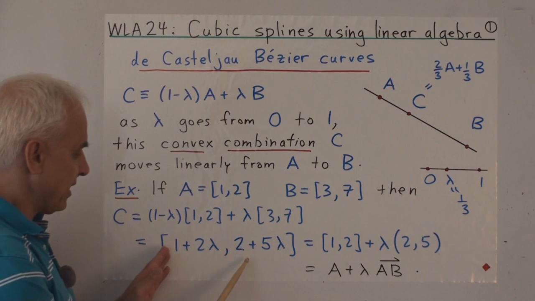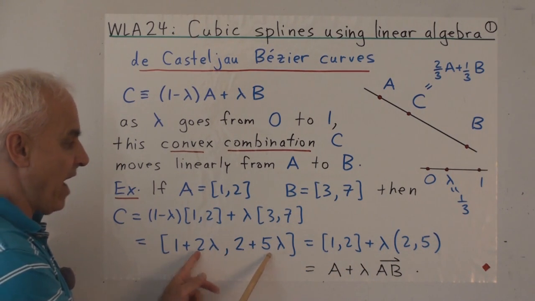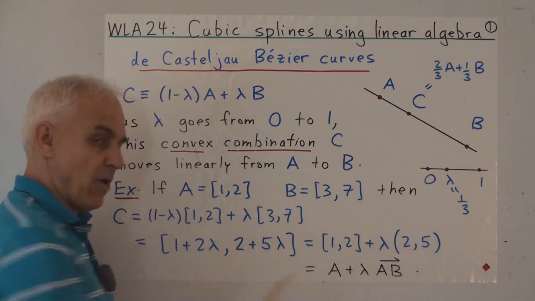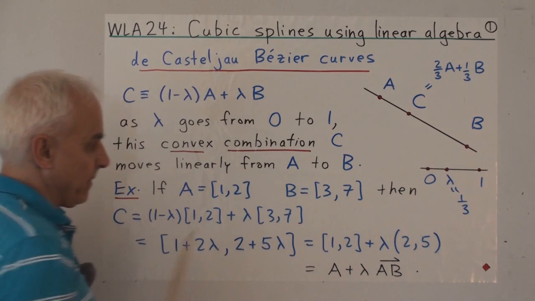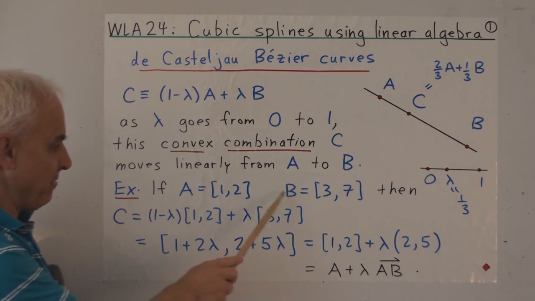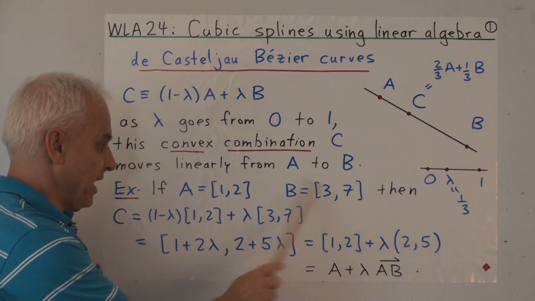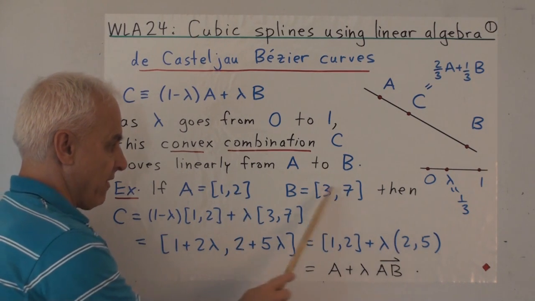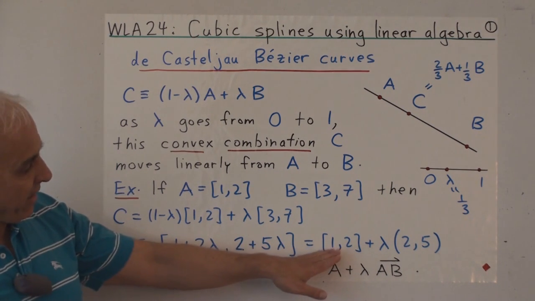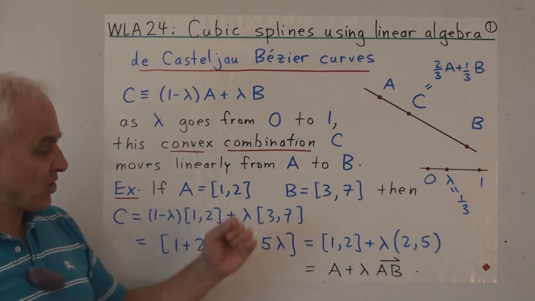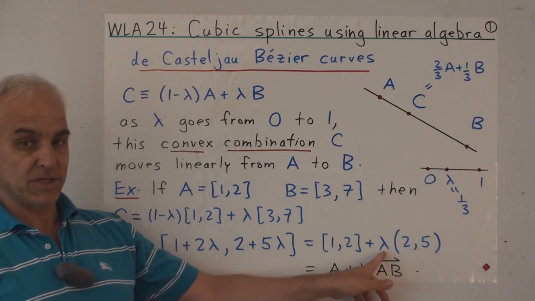And if we write that as the point [1, 2] plus lambda times (2, 5), we should think of this now as a vector. This is the vector AB, the vector from A to B. I remind you that the vector from A to B is determined by taking the difference between the coordinates of B and of A. So 7 minus 2 is 5, and 3 minus 1 is 2. So this describes in another way why it is that this convex combination starts at [1, 2] when lambda is equal to 0.